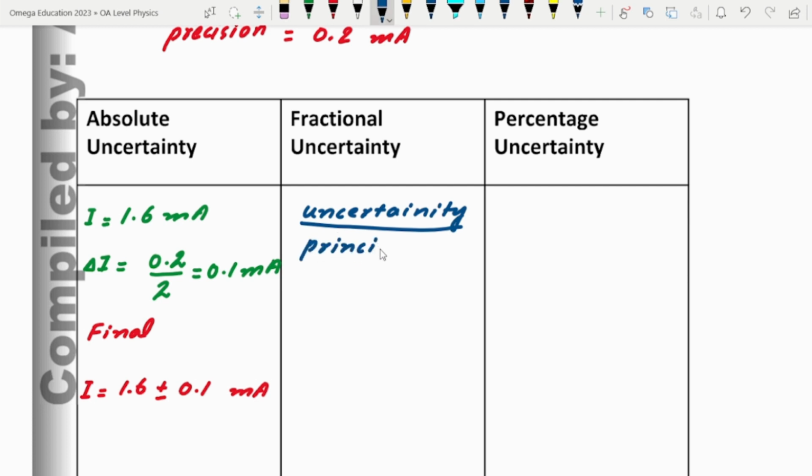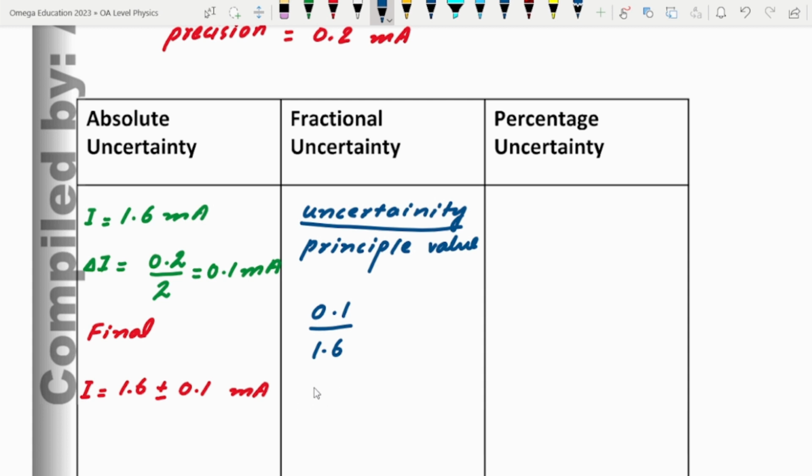So it tells you how much uncertainty there is with respect to the principal value. So what was the uncertainty? You take half of the least count, half of the precision, it was 0.1 like we did already, divided by the principal value. Principal value was 1.6. Then you hit it on the calculator.